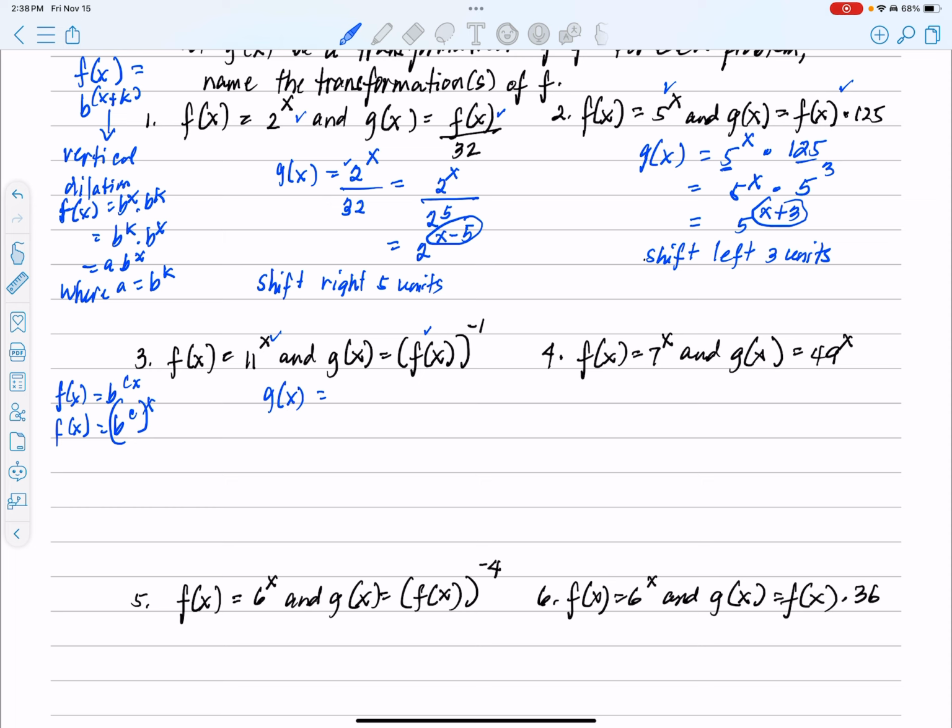So we substitute that with 11 to the x, to the negative 1. That means it will become 11 to the negative x. What happens if we have a negative exponent? We flip it by getting the reciprocal to make the exponent positive. So that means if this happens, there is a reflection across the y-axis.